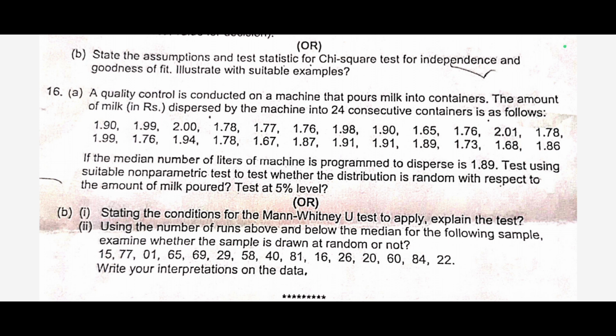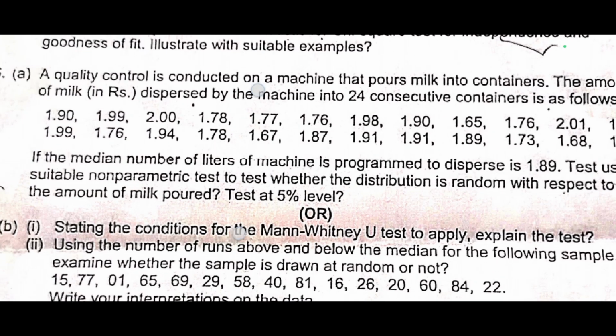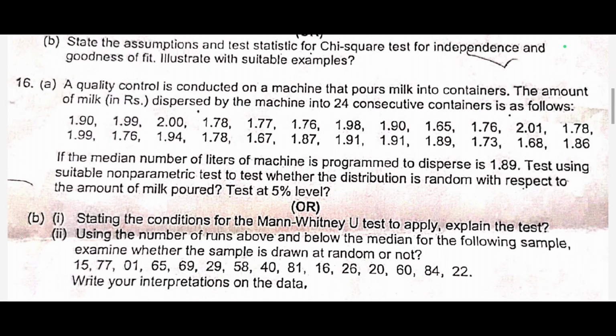That is, you can use it for the given data, randomness for the given observations of 24 consecutive containers, the following. So it is a test for single mean, or the mean test, or sign test also you can use. Okay, non-parametric test. Here non-parametric test you have to use.